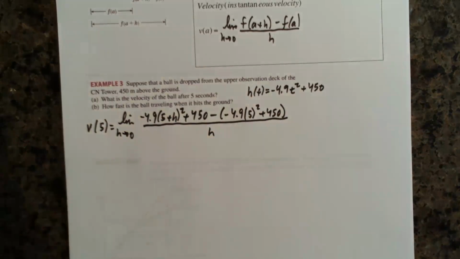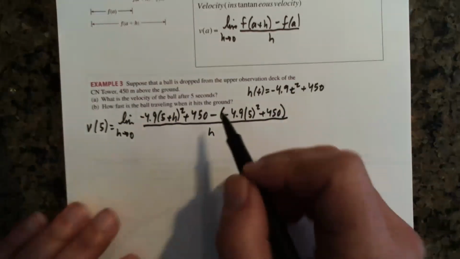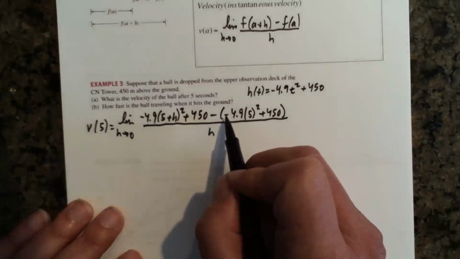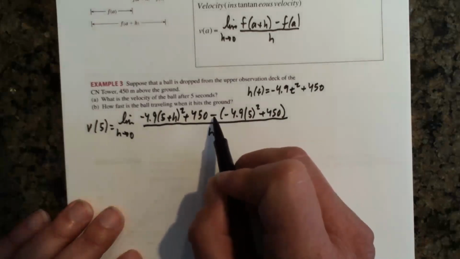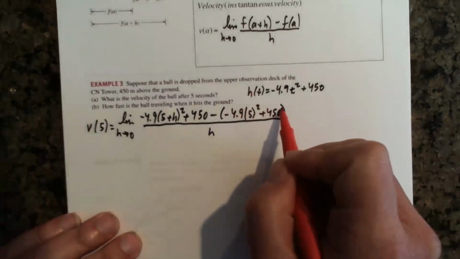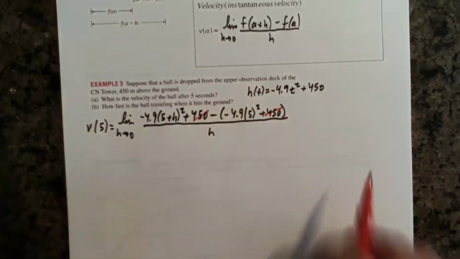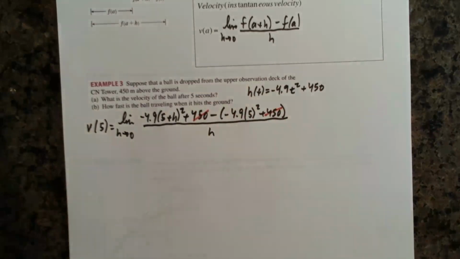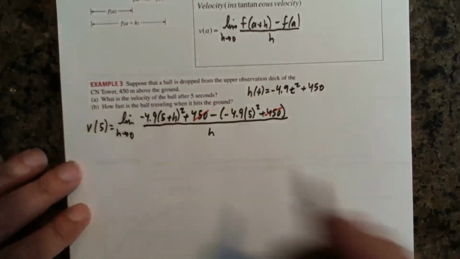Now, some interesting things are going to happen. First off, I'm going to notice that that minus minus becomes plus. Also notice that becomes minus 450. So you can see the minus 450 is gone with the 450. All right, I'm going to go ahead and FOIL that out.